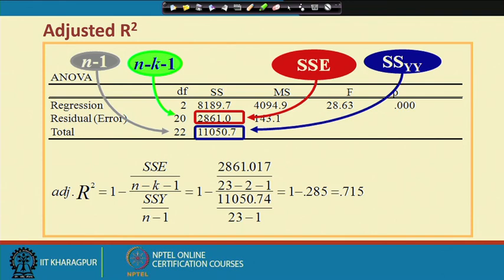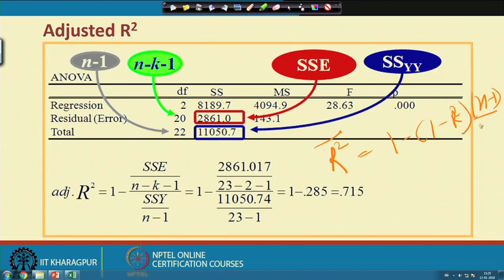As a result, when we are dealing with multiple regression or multivariate regression, it is the adjusted R square which can reflect the predictions rather than simple R square. Usually adjusted R square can be written as 1 minus R square into n minus 1 by n minus k, that is the degrees of freedom, and simply you can calculate it by this particular process.